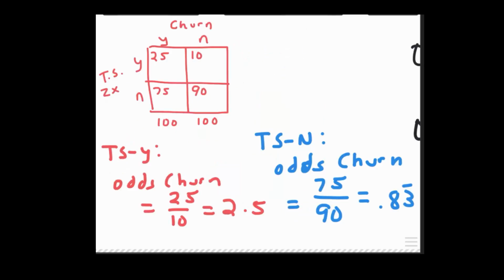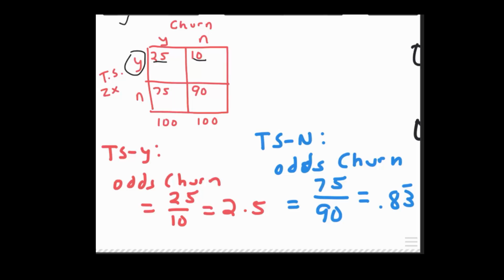Okay, so up in the left-hand side, I have the same thing, just a reproducing of the table. And so for the people who said yes, the people who had contacted customer service, the odds of churn were 25 divided by 10.